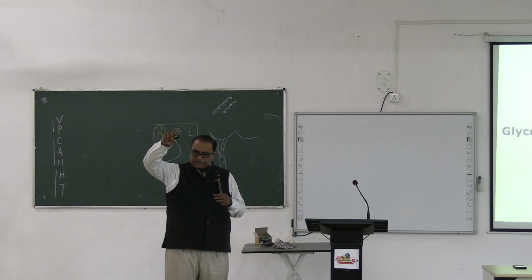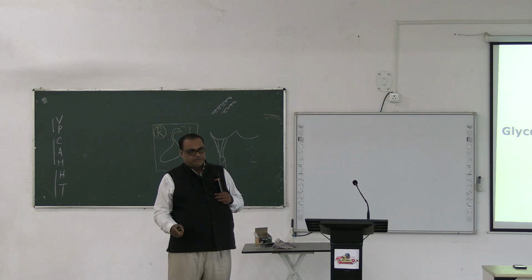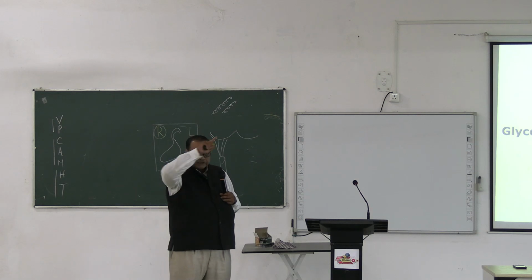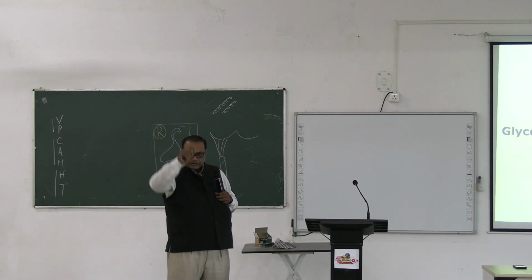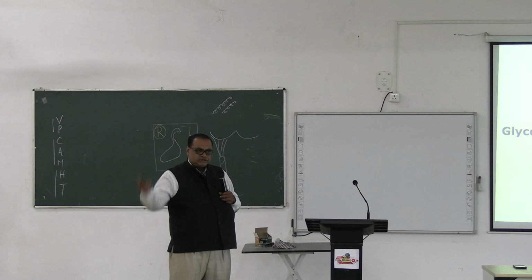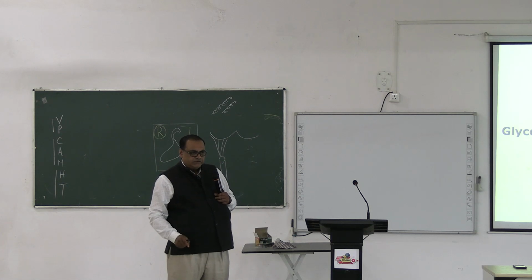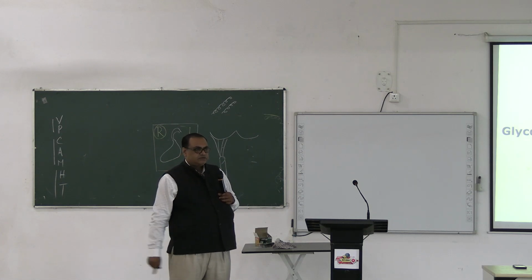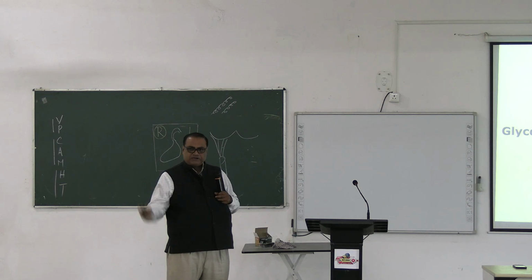When it starts from the glycolytic pathway, it ends at the glycolytic pathway. So this is a connection, right? An alternate connection. What do you call this alternate connection? Shunt. That's why this pathway is also called shunt pathway.